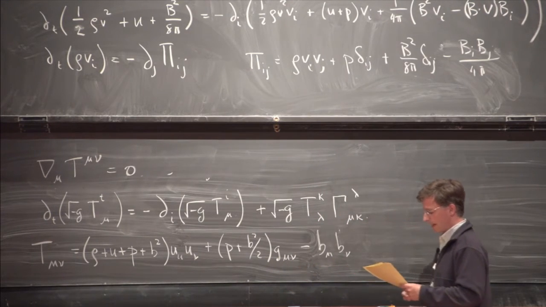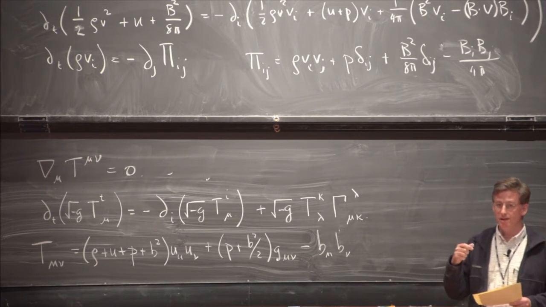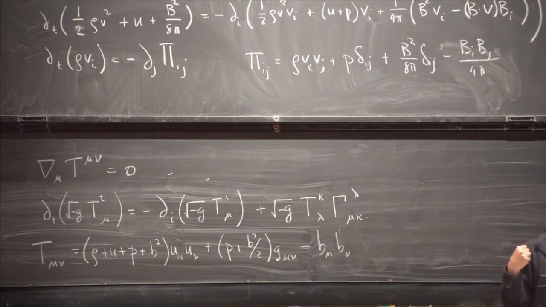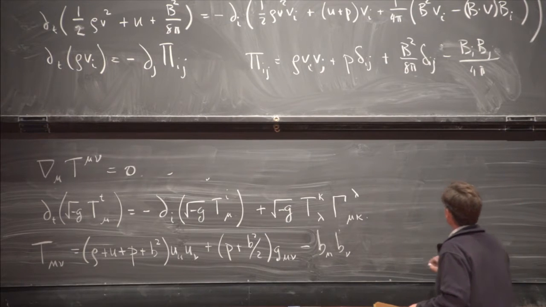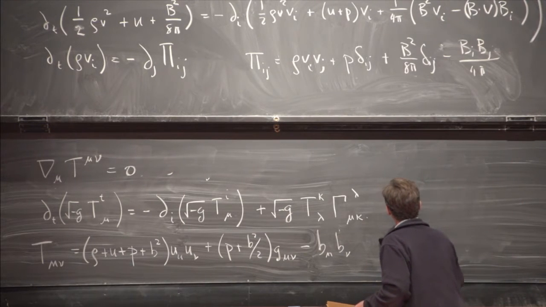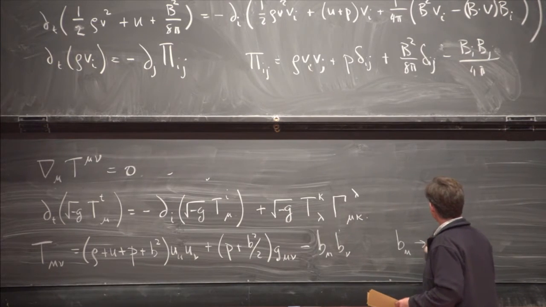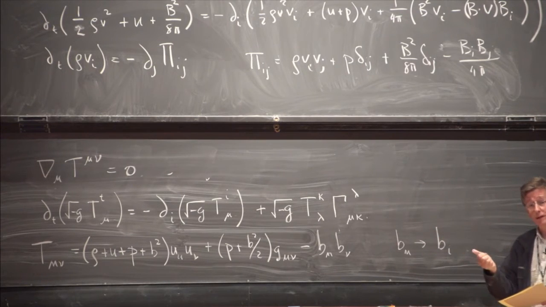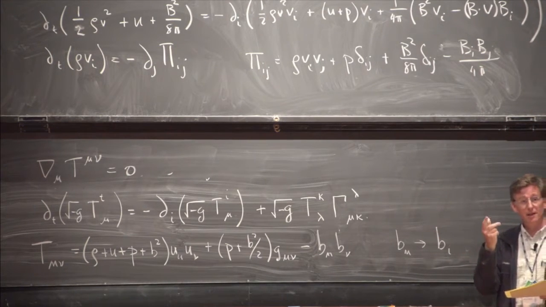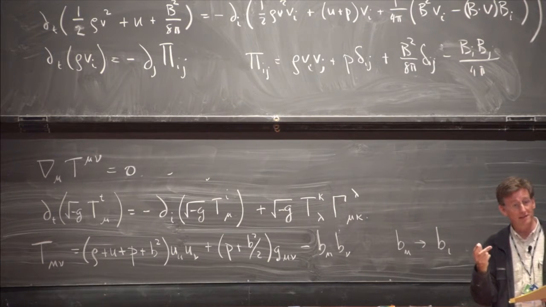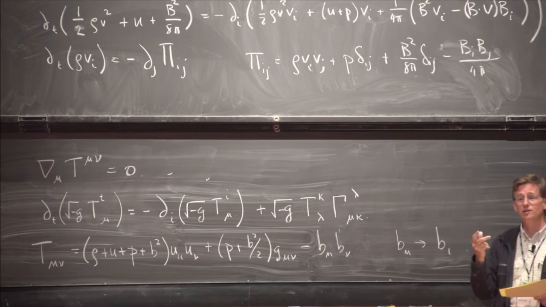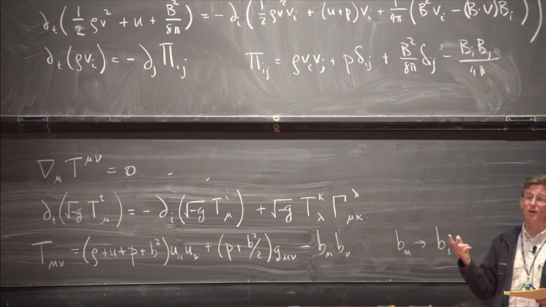Okay, so the new variable here is this 4-vector, b^μ. And b^μ is easy to interpret because in a frame co-moving with the plasma, in a Cartesian coordinate basis, it reduces to the components of the ordinary magnetic field.